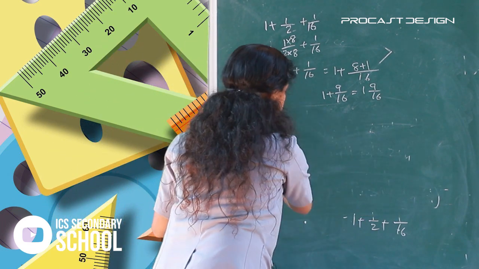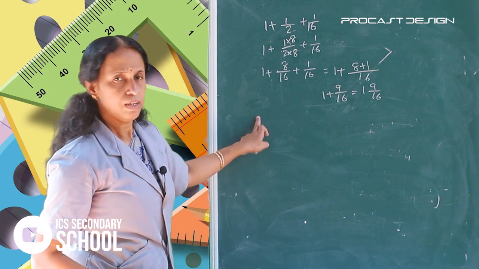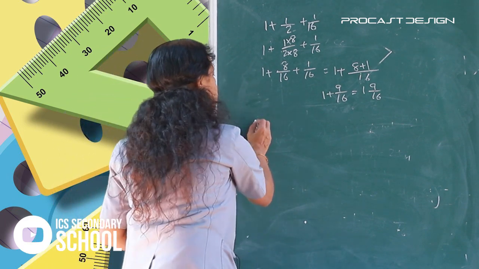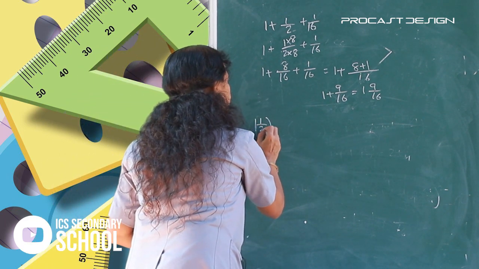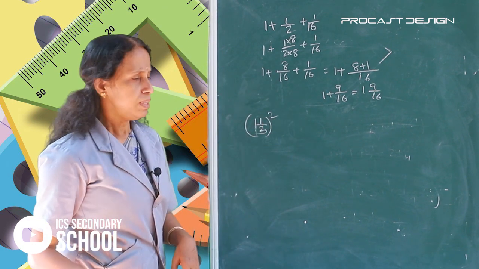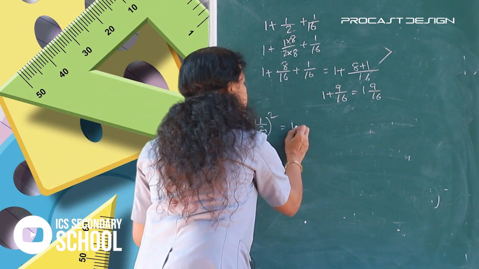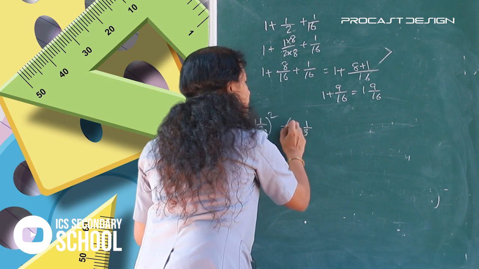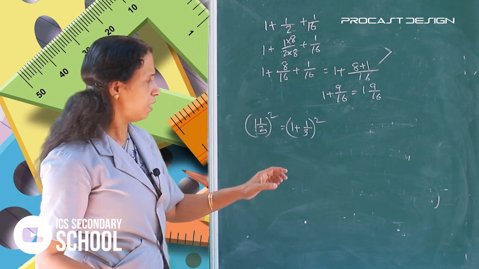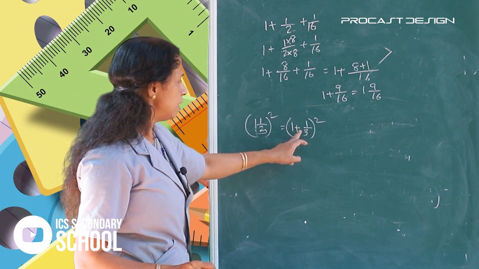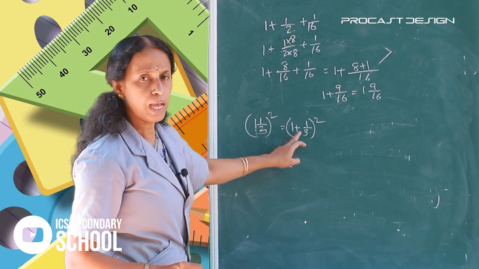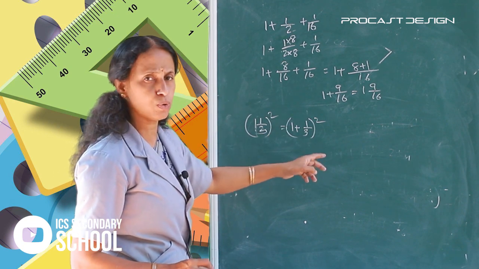Next take 1 1 by 3. Take the square of 1 1 by 3. This can be written as 1 plus 1 by 3 whole square. Okay. Write it in that form, a plus b whole square is equal to a square plus 2ab plus b square.